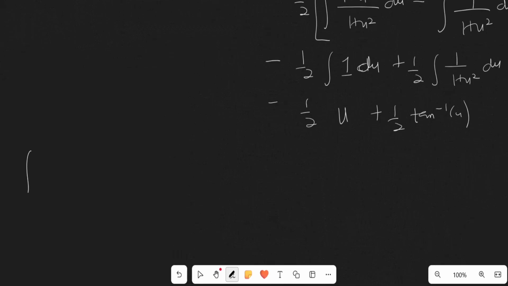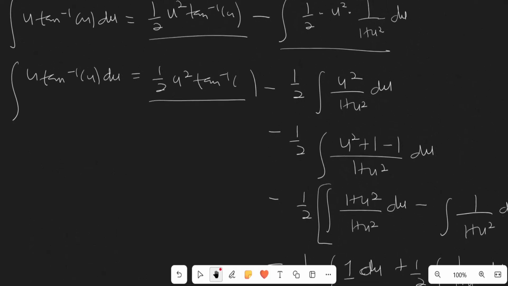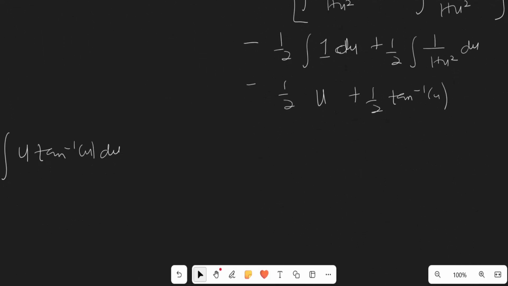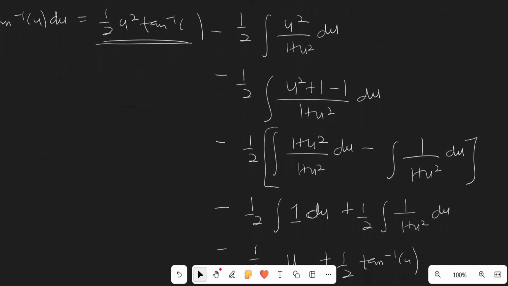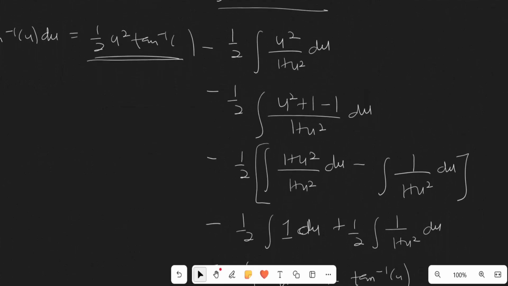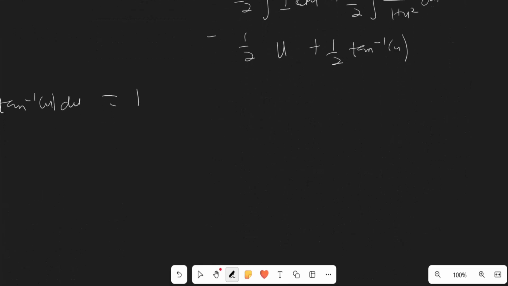The integral of u tan inverse of u du is going to be 1/2 u squared tan inverse of u minus 1/2 u plus 1/2 tan inverse of u.